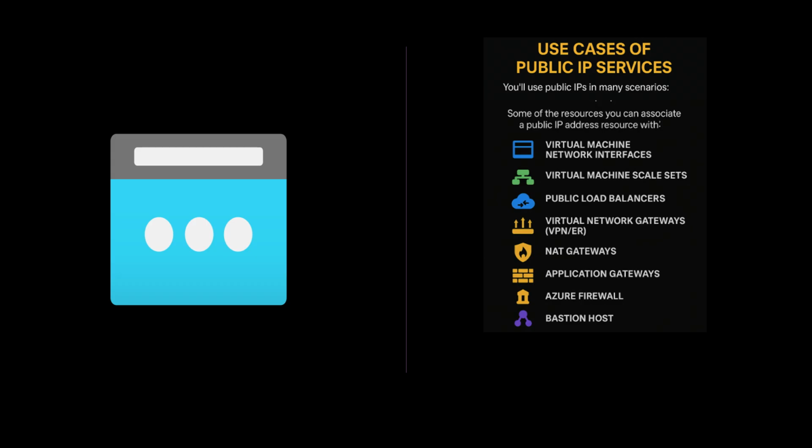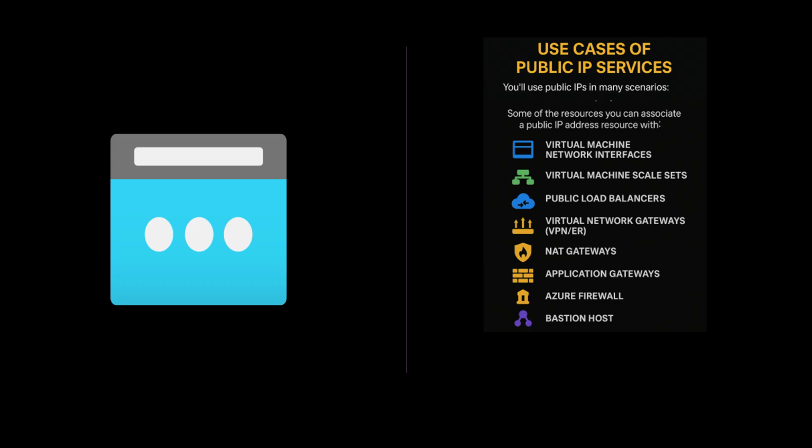Just because a resource in Azure has a public IP doesn't mean it should be openly accessible to the world. You need to apply strong security controls to minimize risk. Start by using network security groups or Azure Firewall to allow only the specific ports and IP ranges that are absolutely necessary. This limits exposure and helps enforce the principle of least privilege.